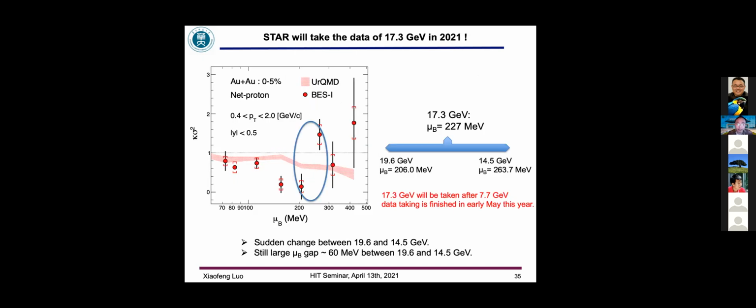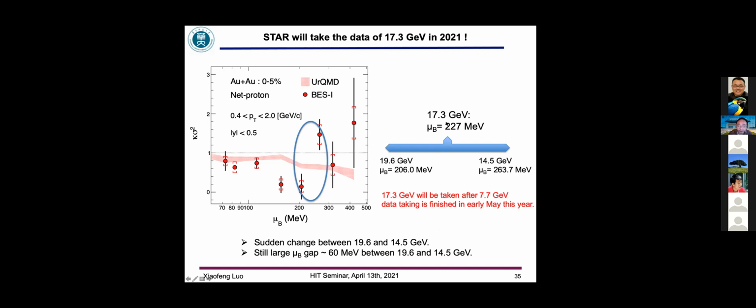I would also like to discuss with you a little bit why we take this 17.3 GeV. You can see that the kurtosis times variance of net-proton shows this non-monotonic behavior, but when we plot it as a function of mu_B, we still see a large gap between 19.6 GeV and 14.5 GeV.